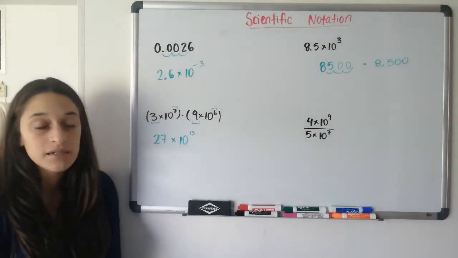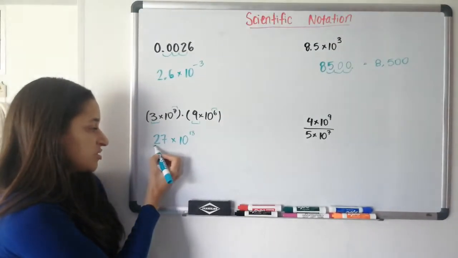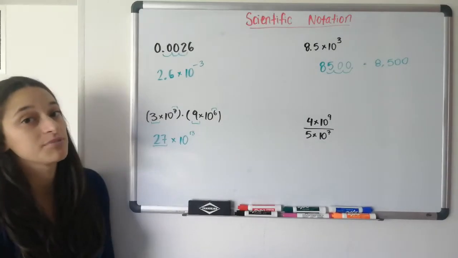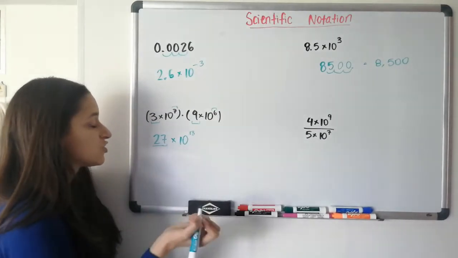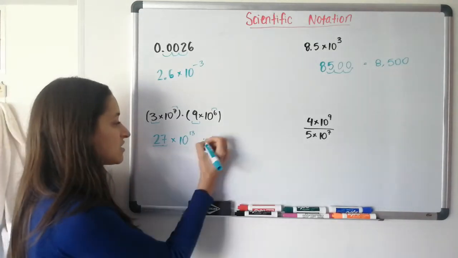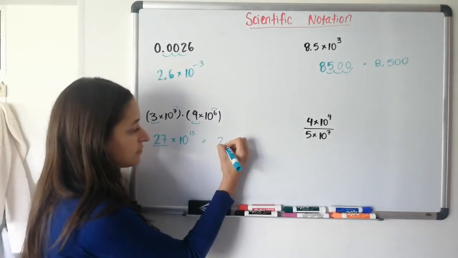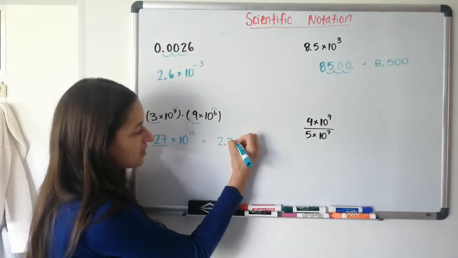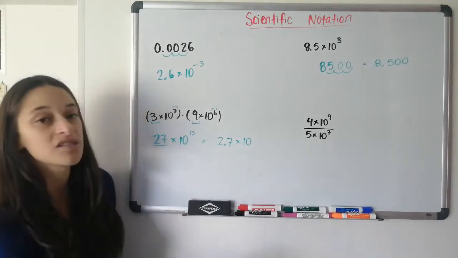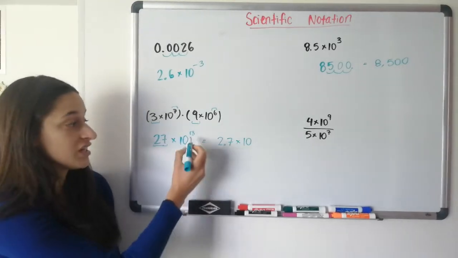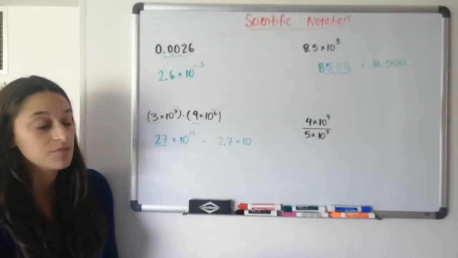And we would be done, but our number here is not between 1 and 9. We need to make it between 1 and 9. So we're going to have to put a decimal point between the 2 and the 7, giving us 2.7. And we're going to have to change the exponents so that these 2 numbers continue being equal. Because if we keep the 13, we no longer have the same number.